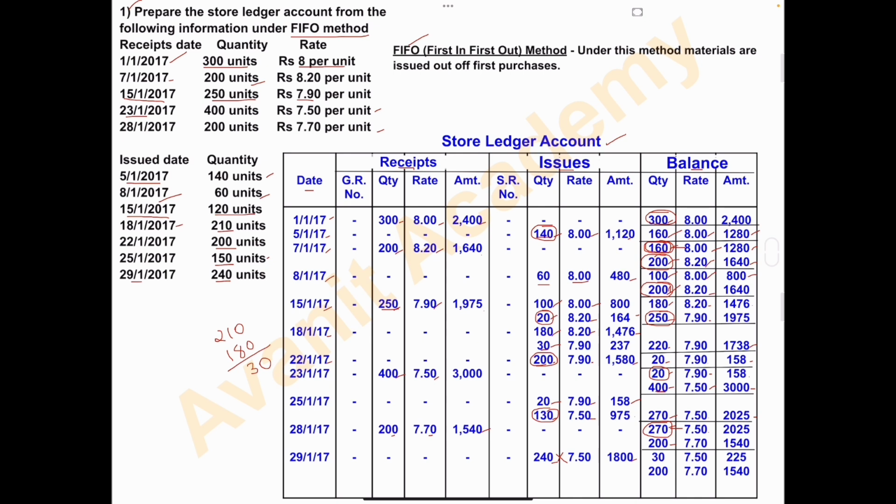So from this 270 minus 240, we will get 30 units. From this first bag, how many units are left? 30 units and the rate is the same 7.50. 30 into 7.50. From the second bag, we have not issued anything. So the same we will write here, 200 at the rate 7.70 and the amount will be the same, 1540. And close this.